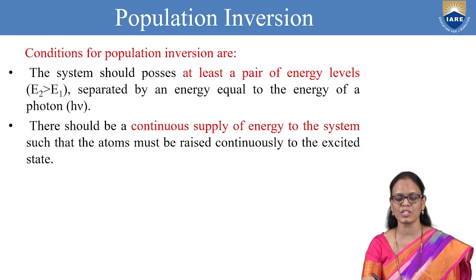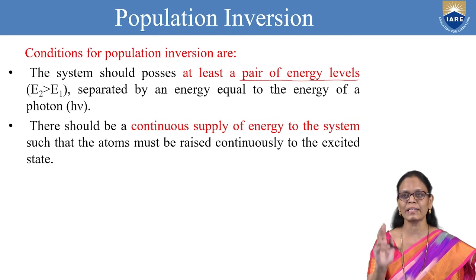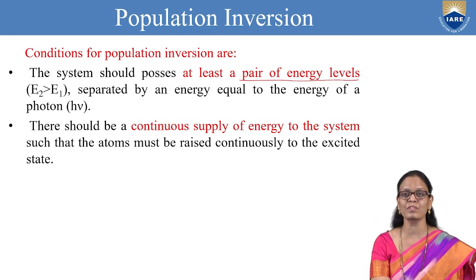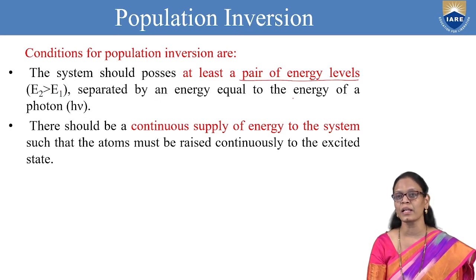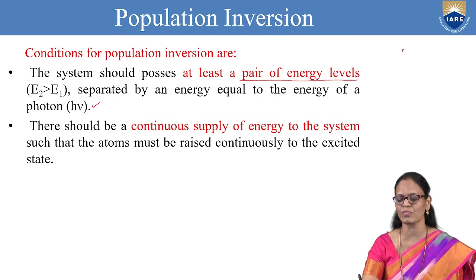So, what are the conditions for population inversion? The system should possess at least a pair of energy levels, a minimum of 2 energy levels, where E2 is greater than E1. They cannot be at the same level. E2 should definitely be greater than E1, separated by an energy equal to the energy of a photon. The energy of a photon is E equal to h nu.